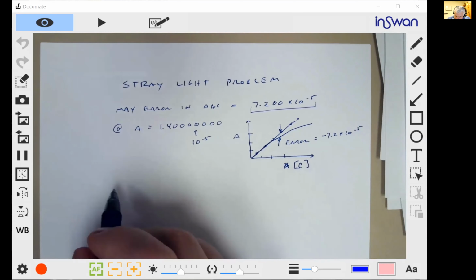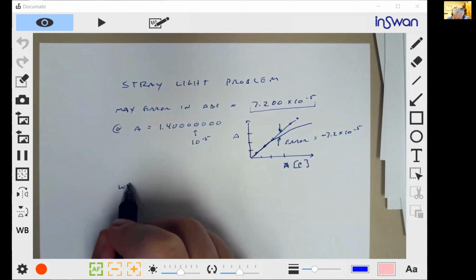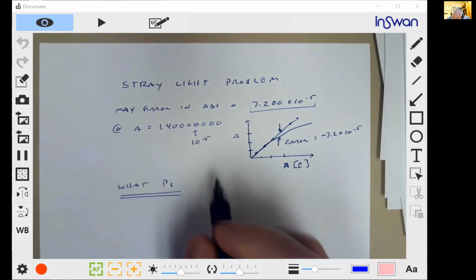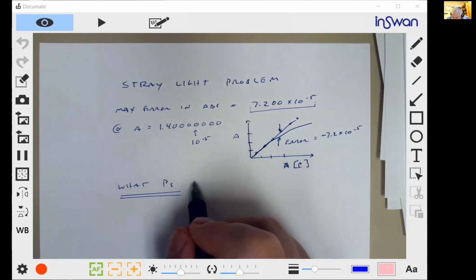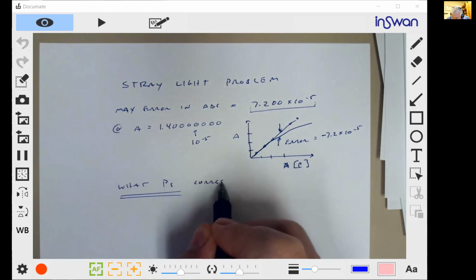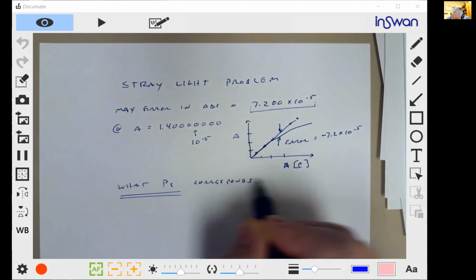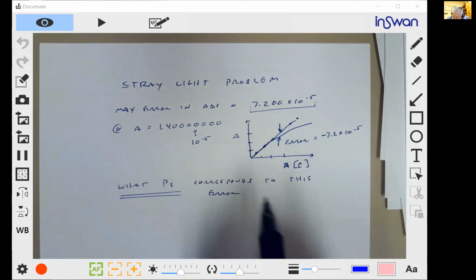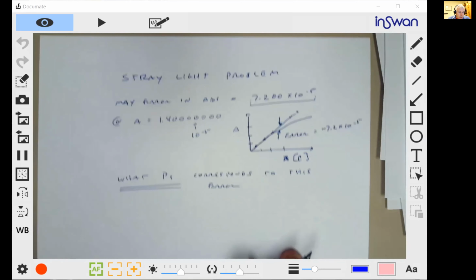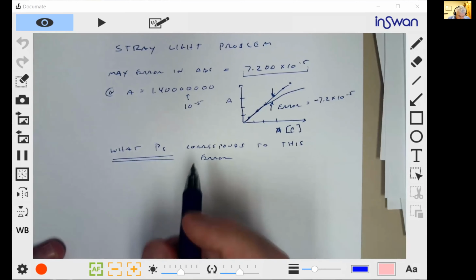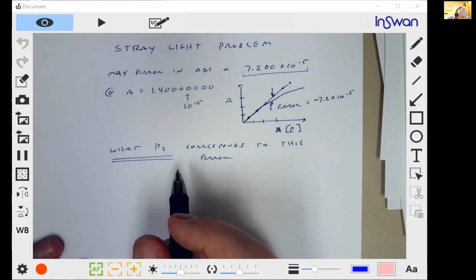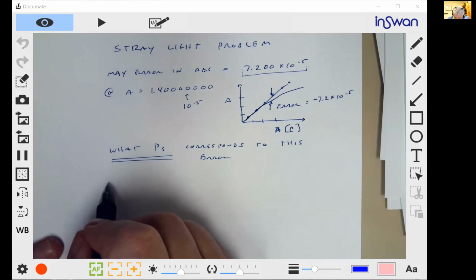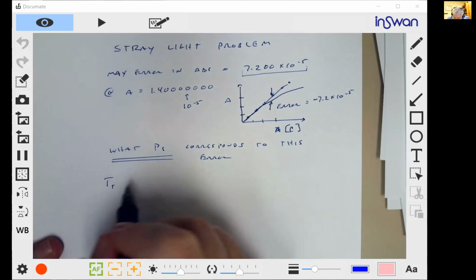So they're basically asking, what stray light component corresponds to this amount of error? The way to solve this is first we'll look at the true transmittance.